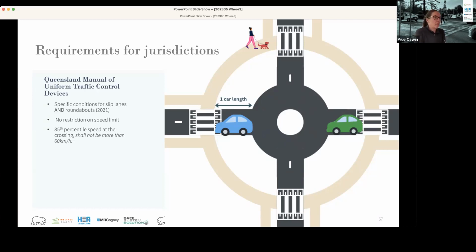It can still be 60 kilometres an hour, so you don't have to implement changes to reduce that posted speed limit. But you do need to make sure that, for example, if 85th percentile speeds were 80 kilometres an hour without the raised crossings, then you can only rely on taking 20 kilometres an hour off, so it would only be down to 60, and that wouldn't work.